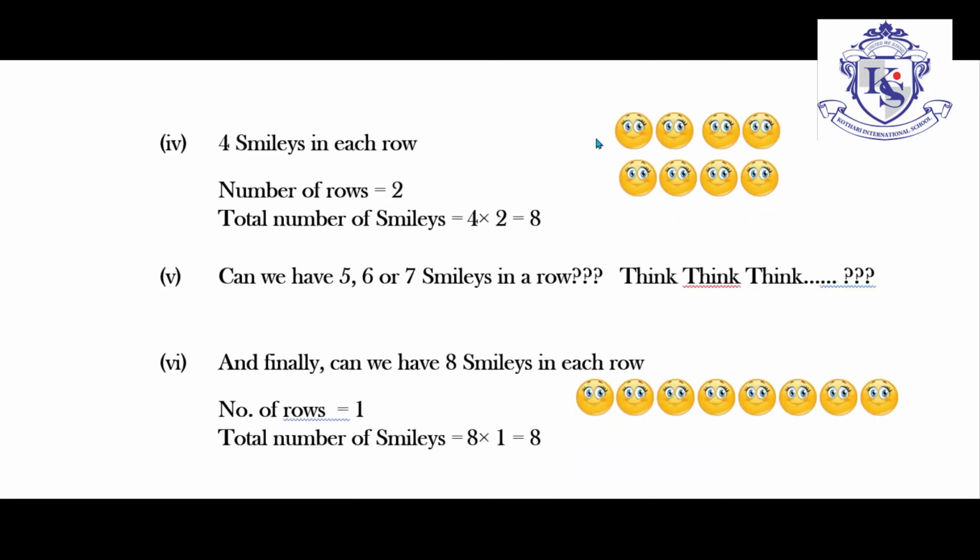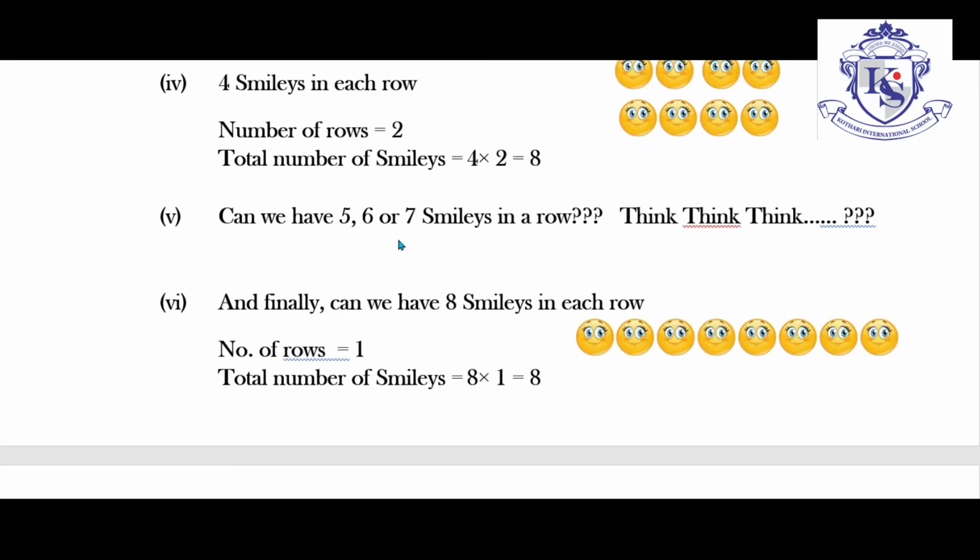Let us arrange 4 smileys in each row. We've got 2 rows, so this could be another arrangement. Now, can we have 5, 6 or 7 smileys in a row? Again, you have to think.